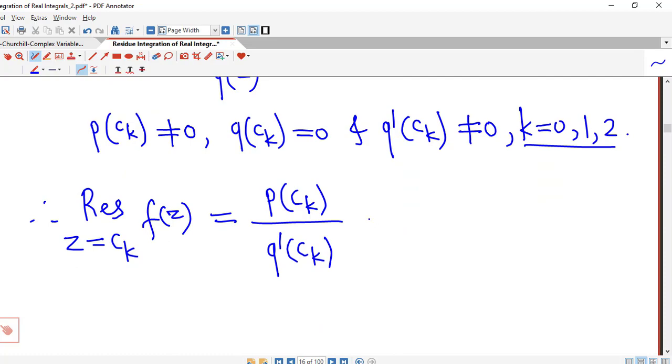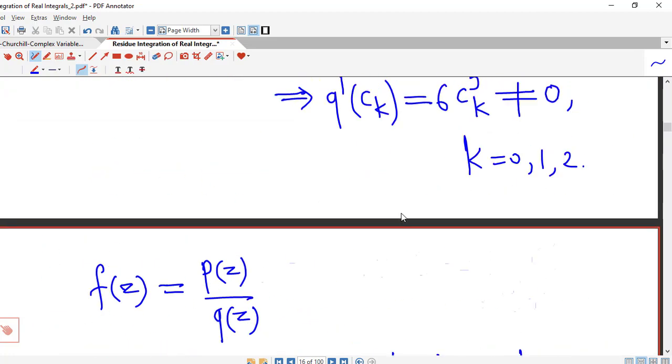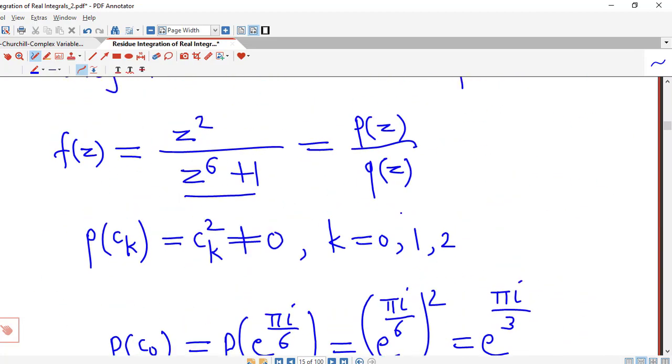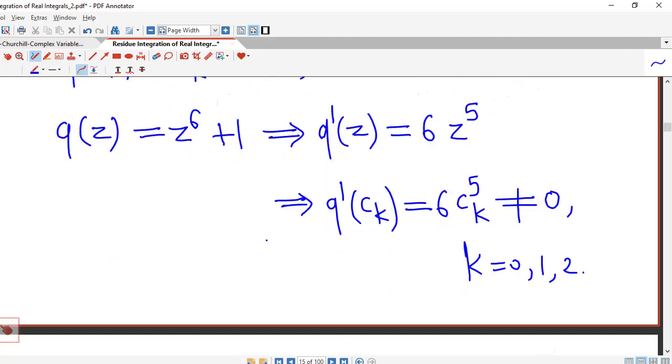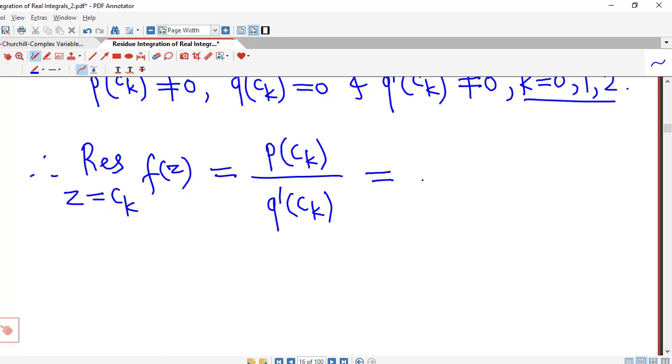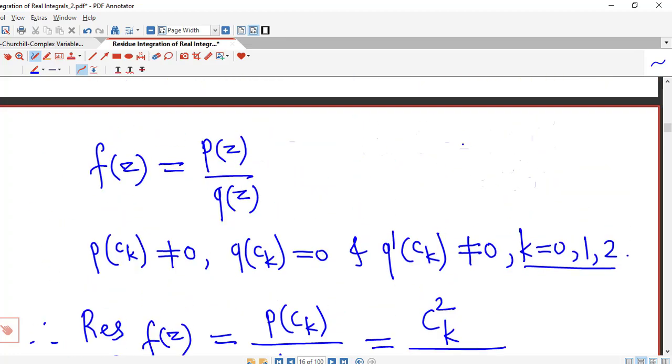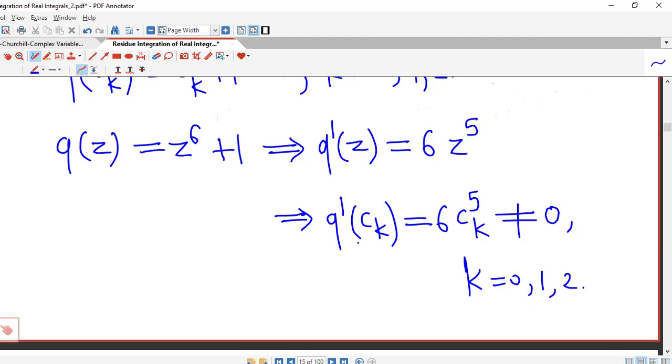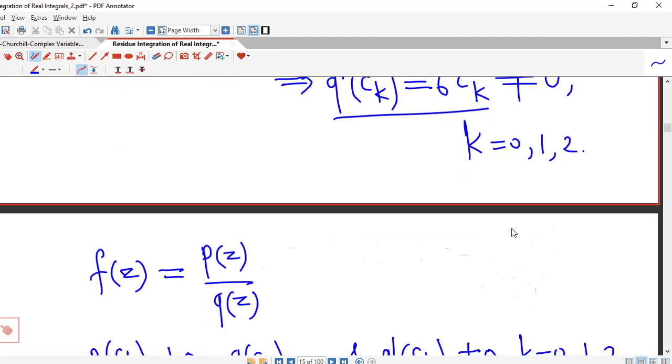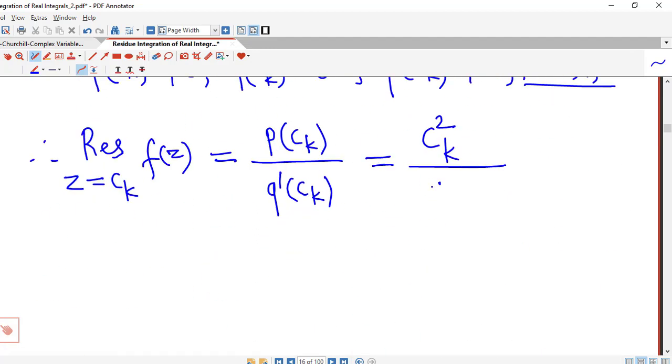Now p is nothing but z square, so the value of p at ck is ck square, so we substitute ck square here, and the value of q dash at ck is 6 into ck raised to 5, for k equal to 0, 1 and 2.